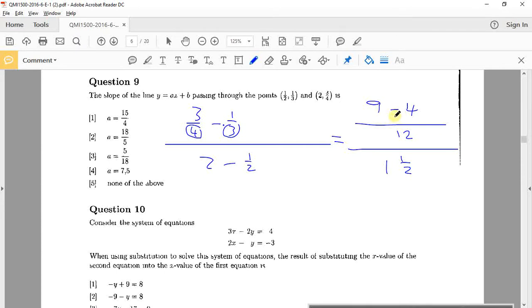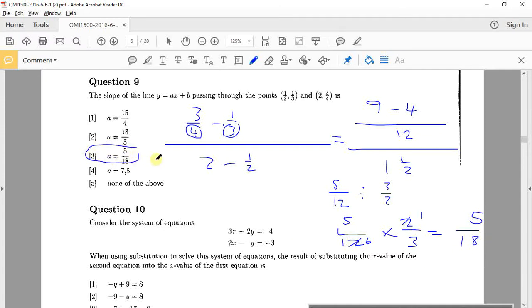Okay, so that gives you 5 over 12 divided by 3 over 2. Then you need to multiply. So 5 over 12 times 2 over 3. Cancel, cancel. 2 goes into 12 6 times. Okay, 5 over 18. Option 3.